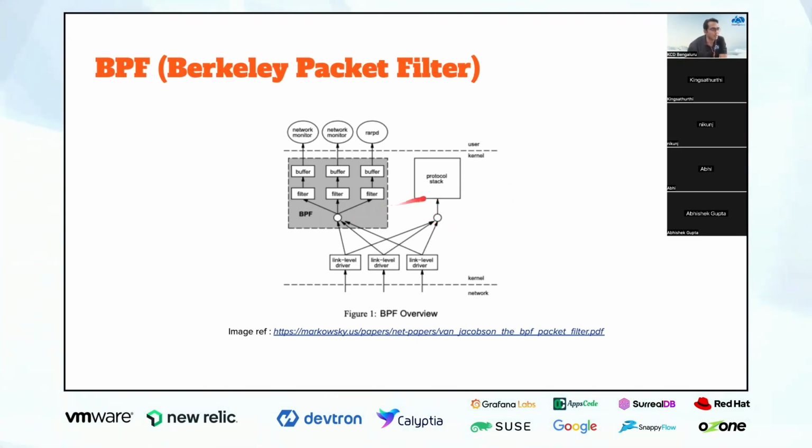Now, the BPF program was put up in the kernel and implemented like a virtual machine. You may be surprised, but think of it as a very minimal virtual machine implemented inside the kernel that was used to look at all the packets coming to the network layer.